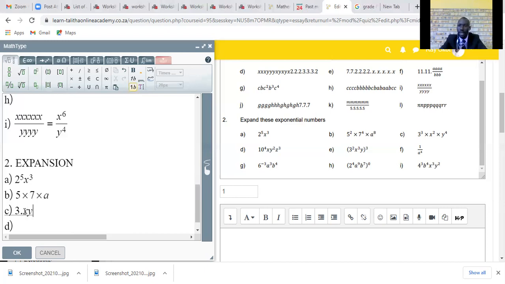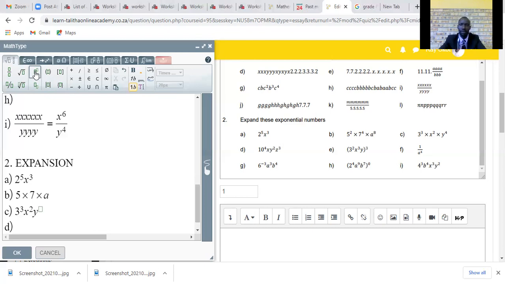Okay, so the 3 has got exponent 3. Then this x has got exponent 2. All right? And now we have a y. This y has got exponent of 4.